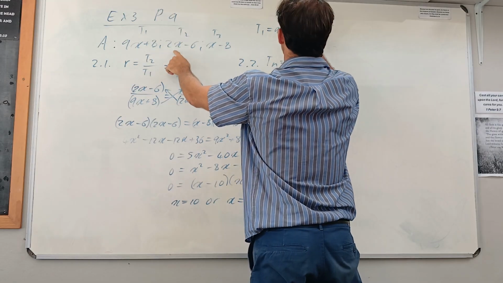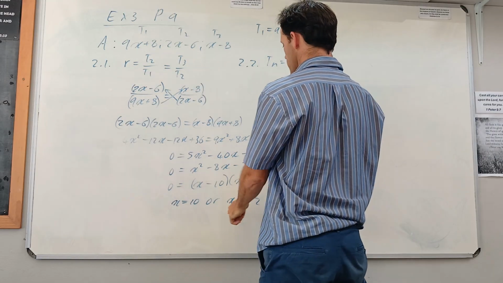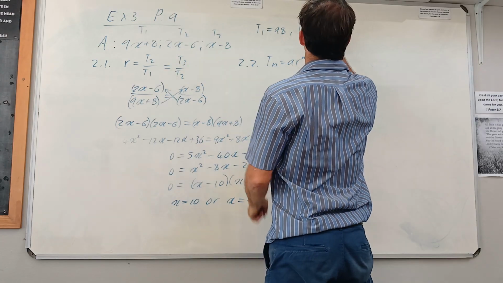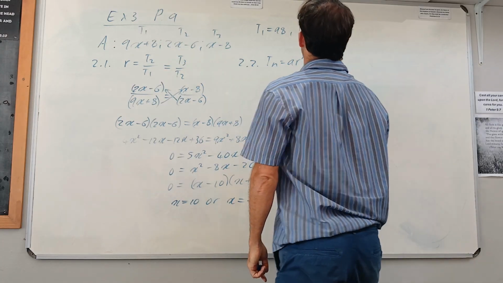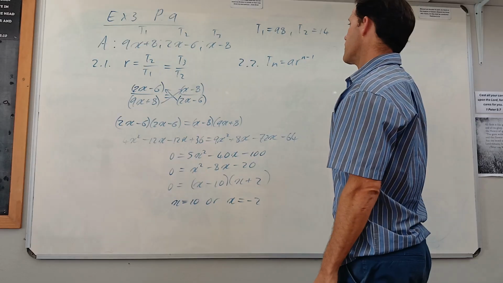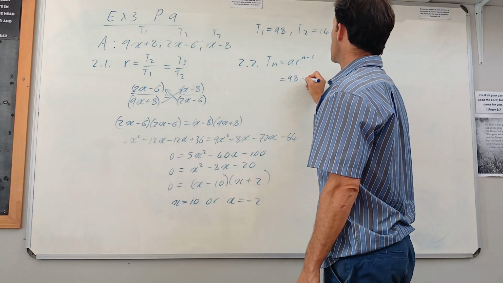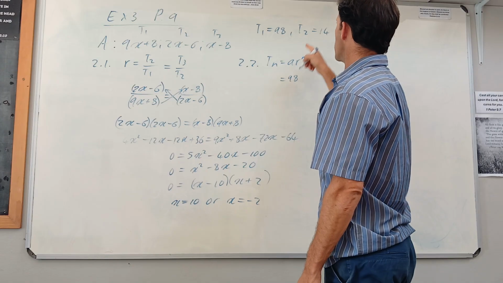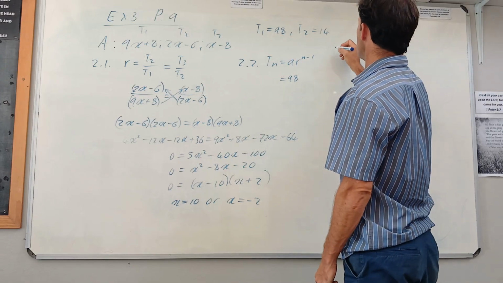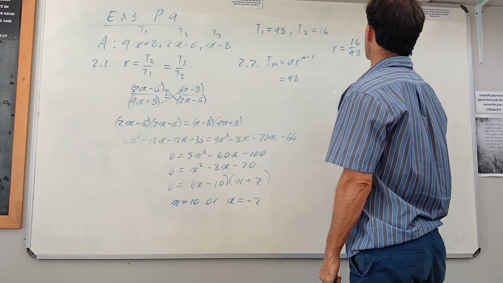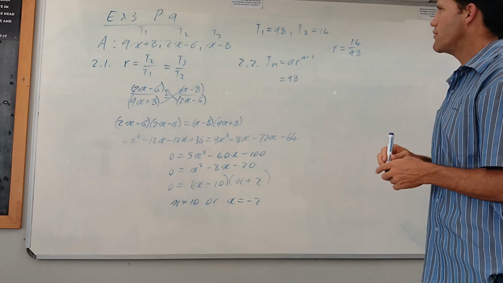Term 2, when you put 10 in here, 2 times 10 is 20 minus 6, 14. And that's actually enough. Now we can say, so a, our first term, is 98. The ratio is the second term divided by the first term. So the ratio would be 14 divided by 98.